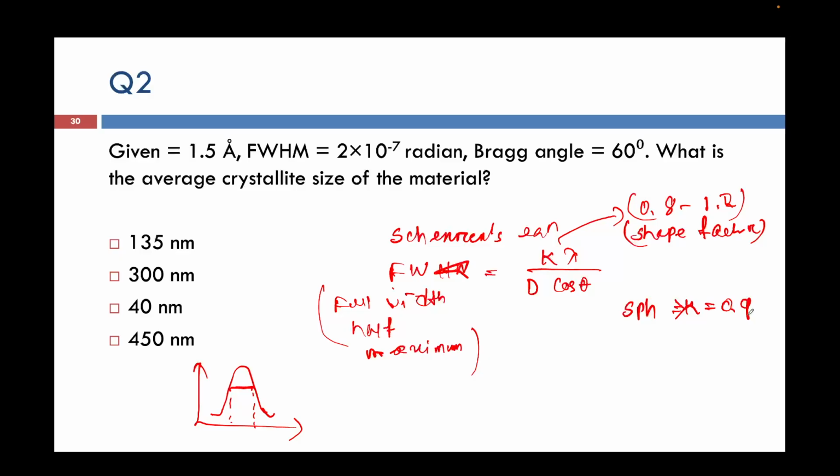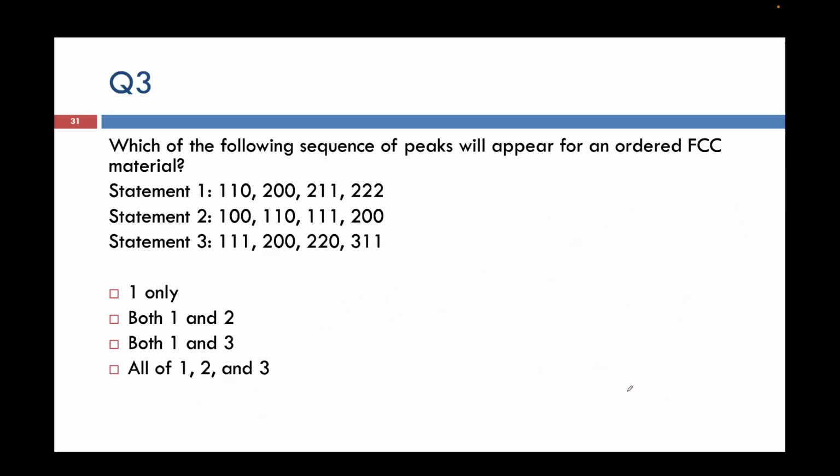So for FWHM you put 0.9 times lambda divided by D cos theta. The Bragg angle is known to us, and D is the crystallite size, so you can calculate it. I haven't calculated it, but you can put in the formula and get the answer. Okay, next we will go to the next question.